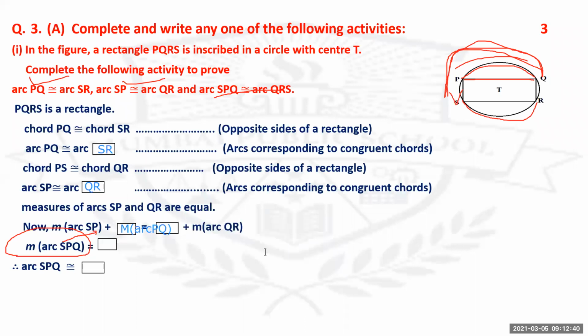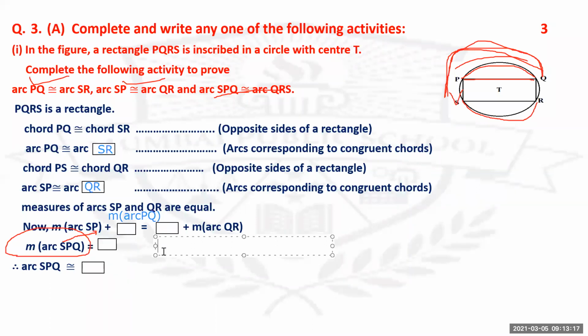And what would come in the next box? Come on, tell me. Yeah. Measure of QR is already given. It would be arc SR. Understand? It would be arc SR.